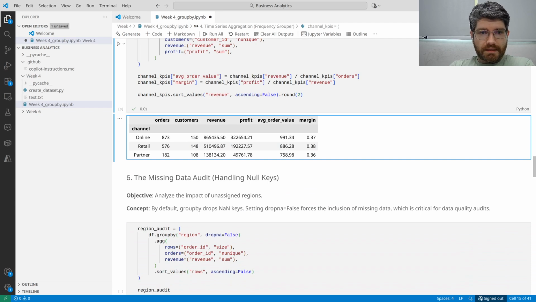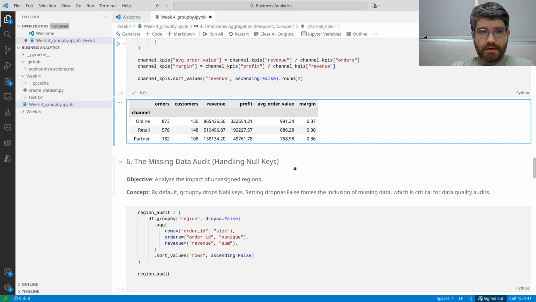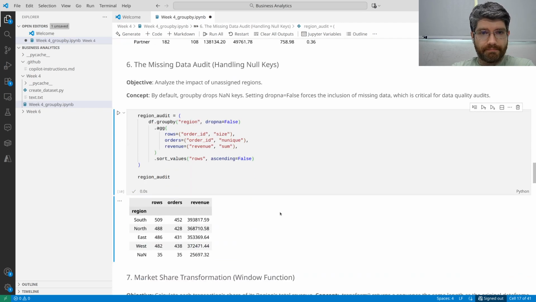Next are the patterns of audit and context. These patterns help us inspect data without compressing it. Pattern 6 is a pure frequency audit. It's useful for checking data balance.